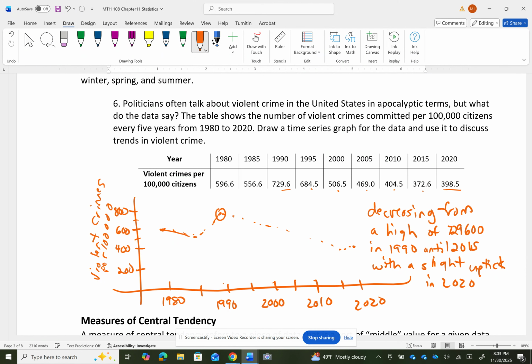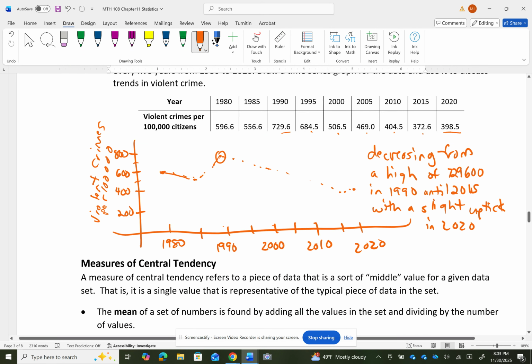So we can kind of see that at a glance. And this one, I think you could argue, you could tell from the data as well.